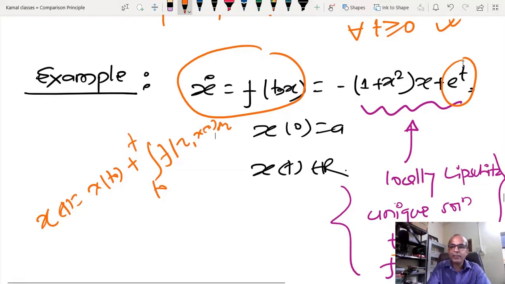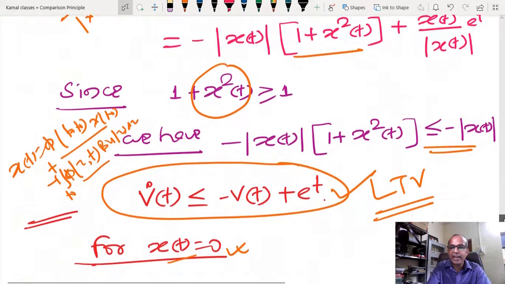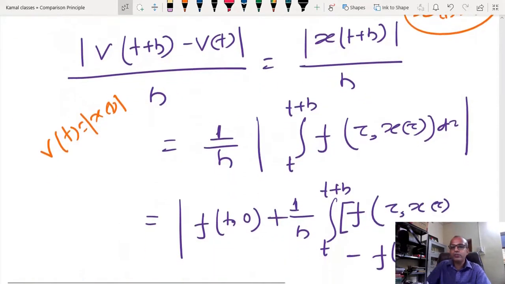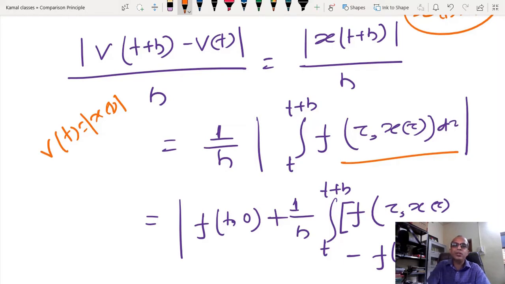So the same kind of substitution I am going to do here, because I have to check the behavior at t equal to 0. But the time here is t to t plus h, because I am just going to worry about this time interval, and the initial condition x(t0) is 0, because I am at 0, and after that I am going to see the right hand side of the derivative. Due to that reason this term comes into the picture.